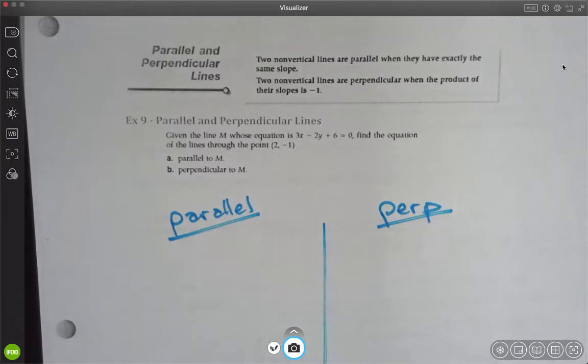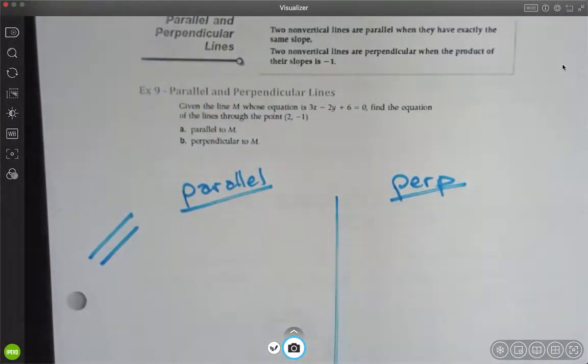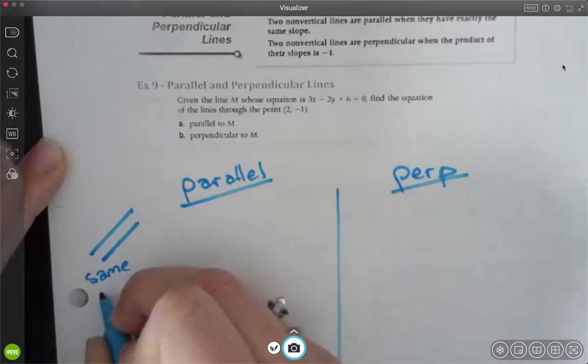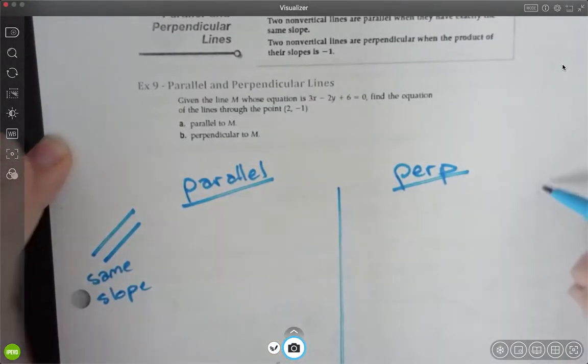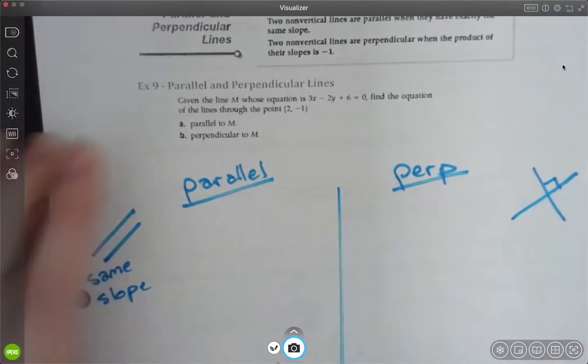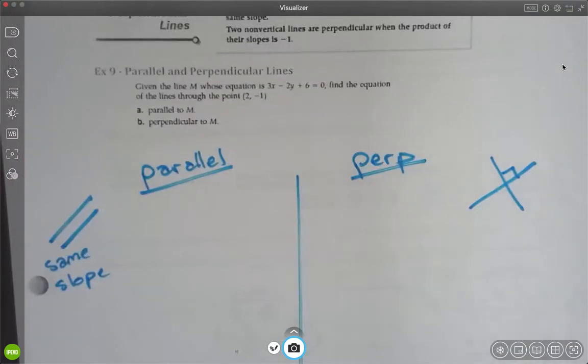Parallel lines look like this. What's true about parallel lines? They never touch and they have the same slope. That's the important part. Same slope. Perpendicular lines look like this, right? Right angle.